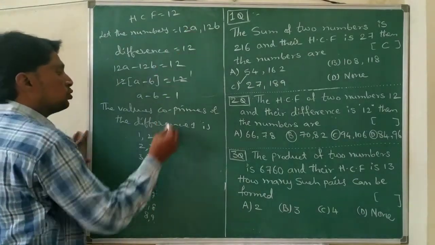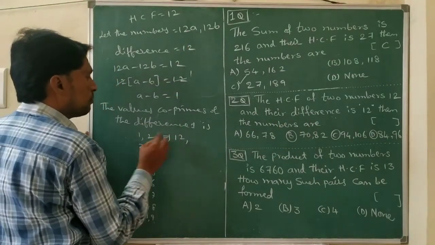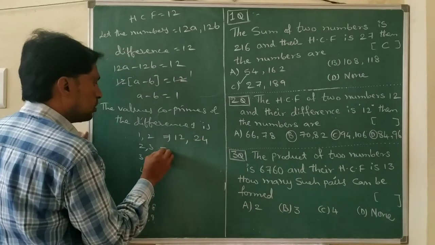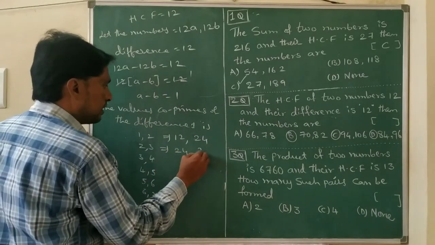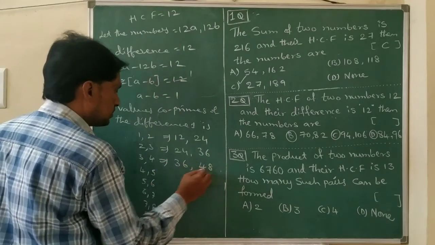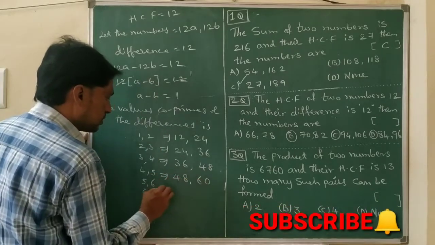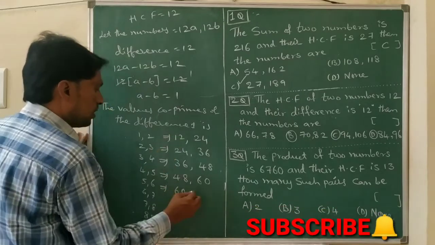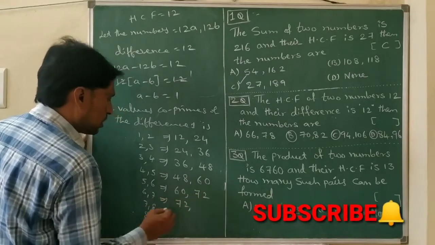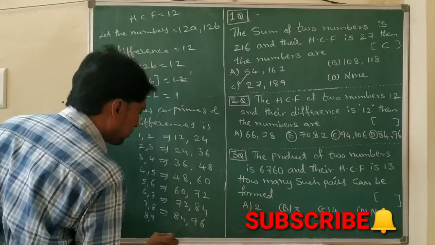Now substitute and see which option is correct. 1 into 12 is 12, 2 into 12 is 24, which is not in the options. 3 into 12 is 36, 4 into 12 is 48, then 60, 12 6s are 72, next 72, 84, 84, 96, like that.